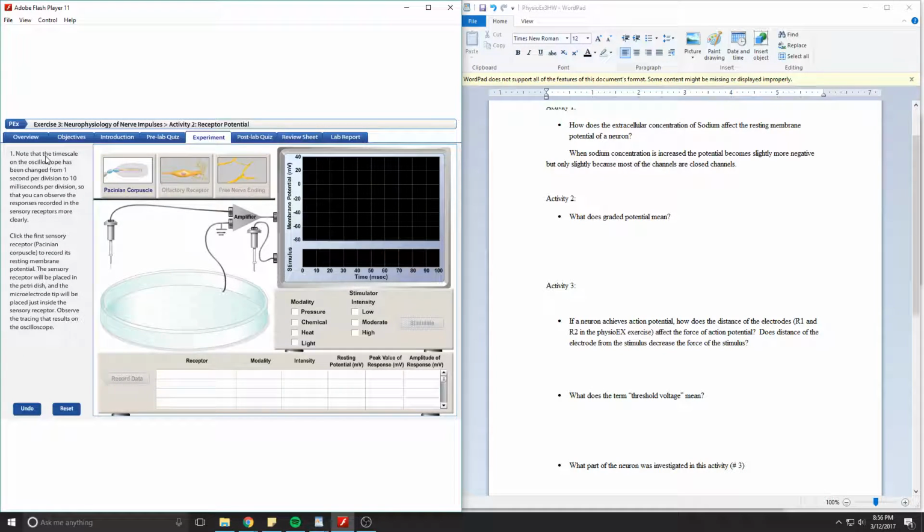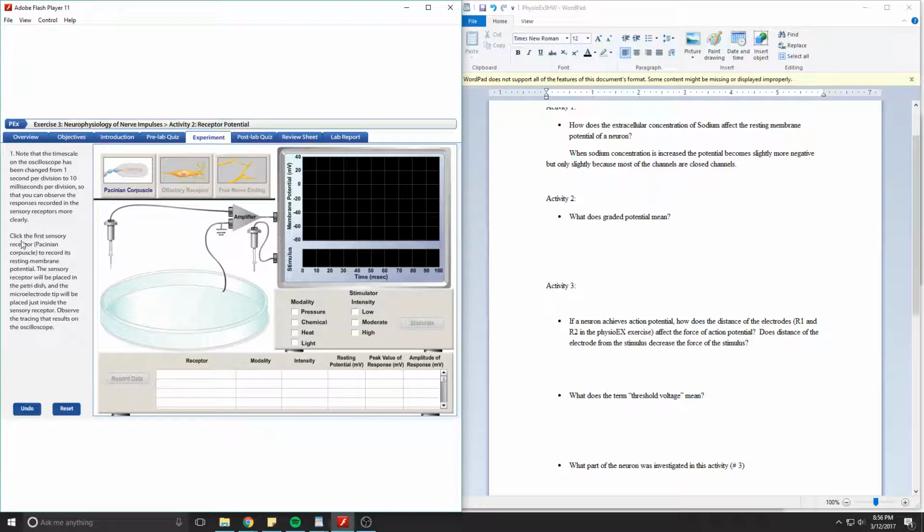So, note that the time scale on the oscilloscope has been changed from 1 second per division to 10 milliseconds per division, so that you can observe the responses recording sensory receptors more clearly.